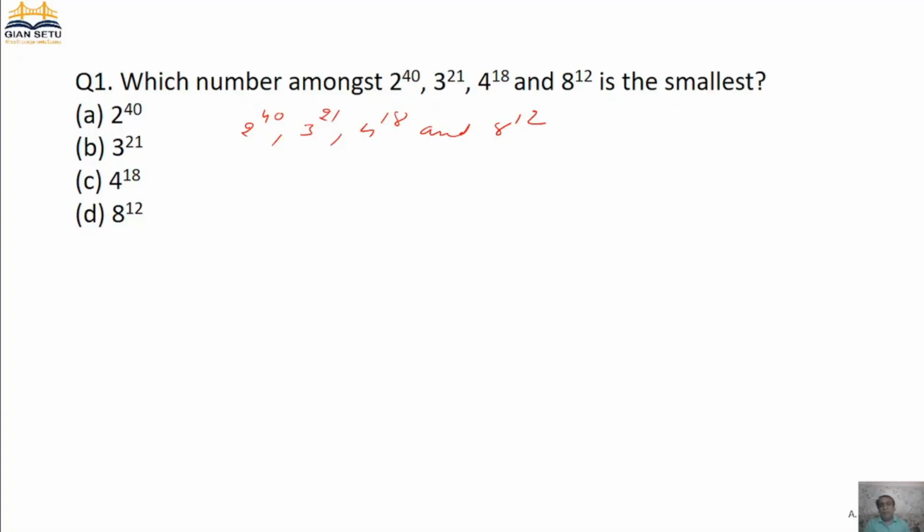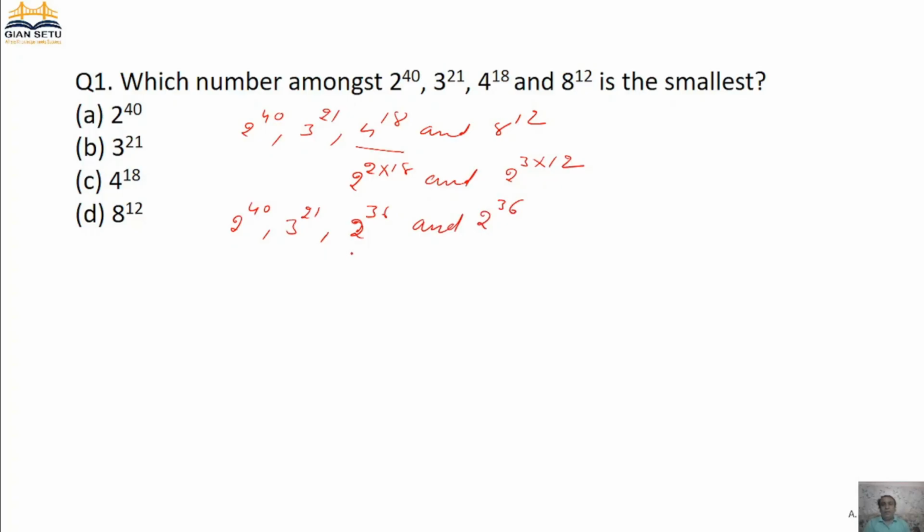Now in these numbers we can write 4 raised to power 18 as 2 raised to power 2 into 18, and similarly 2 raised to power 3 into 12. Okay. So the final numbers become 2 raised to power 40, 3 raised to power 21, and it is 2 raised to power 36 and similarly 2 raised to power 36.